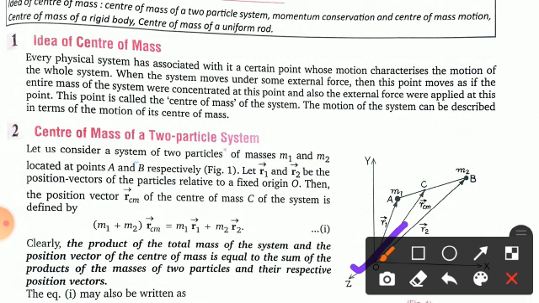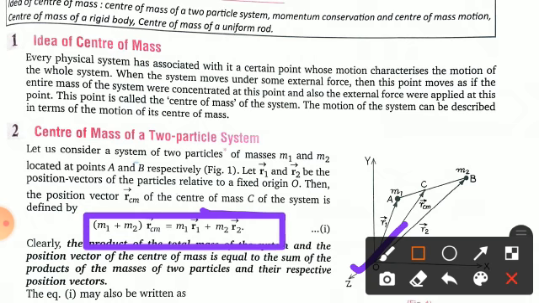Then the position vector R_CM, where CM is the center of mass C of the system, is defined by equation 1: (m1 + m2) R_CM vector equals m1 r1 vector plus m2 r2 vector.